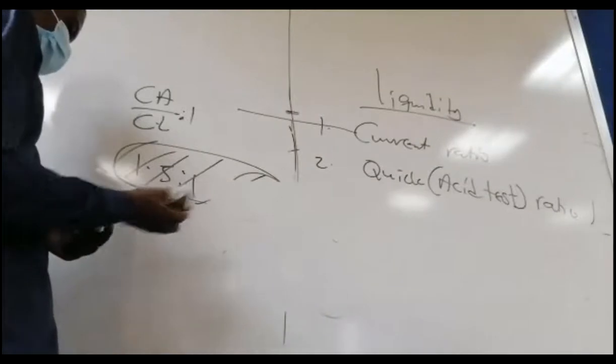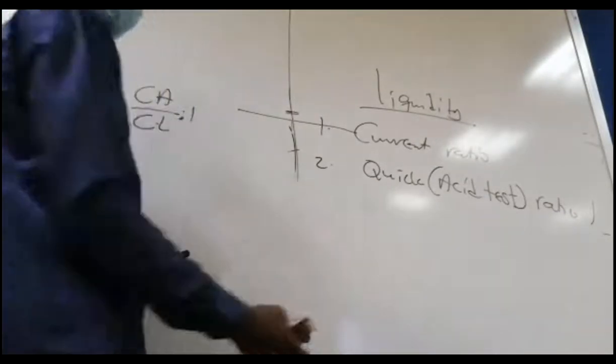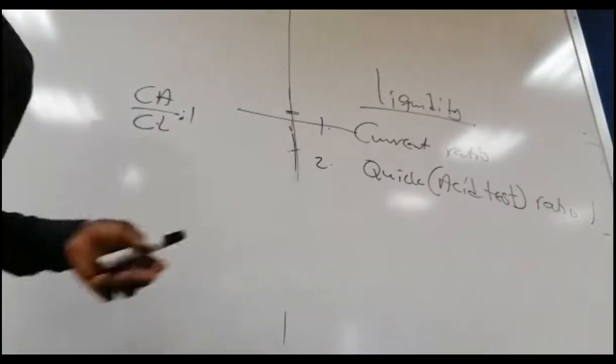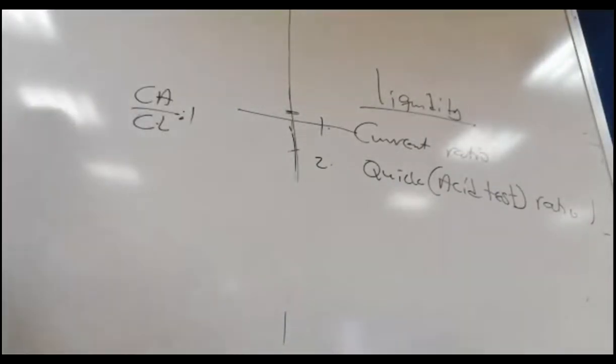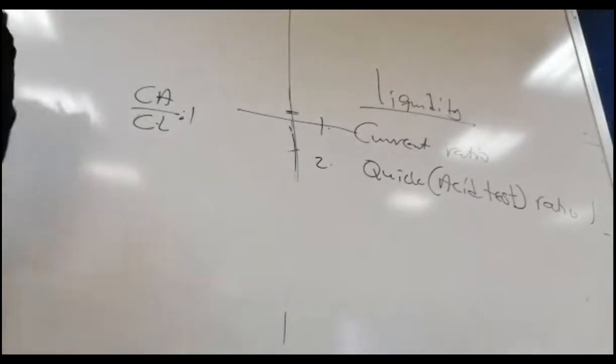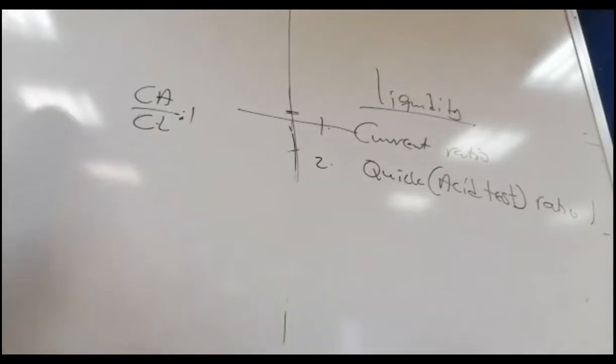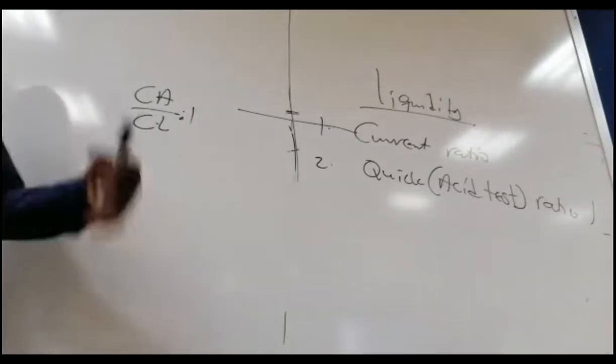Now with the current ratio, it just answers the question, can you pay your short-term debt? Yes, no. That's what current ratio answers. Then the quick ratio will come and then define it. Tell us more about it.